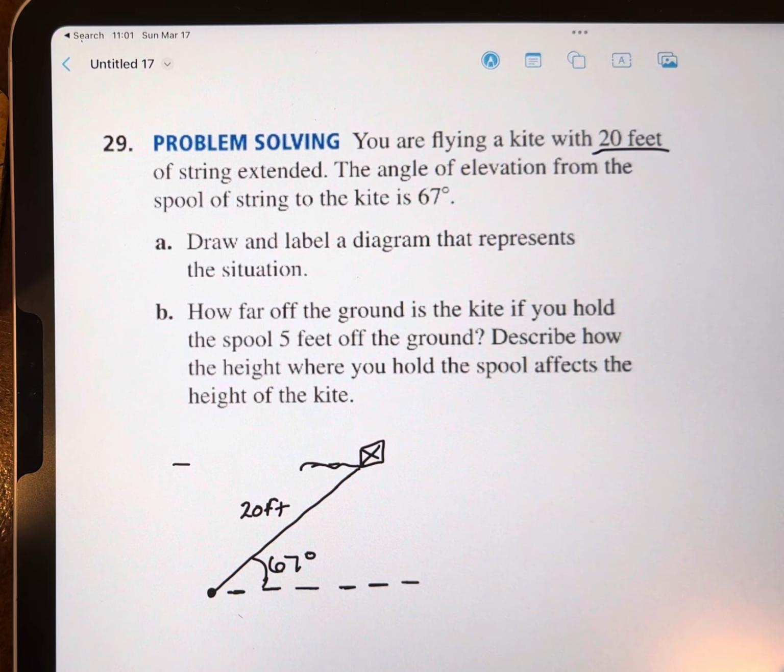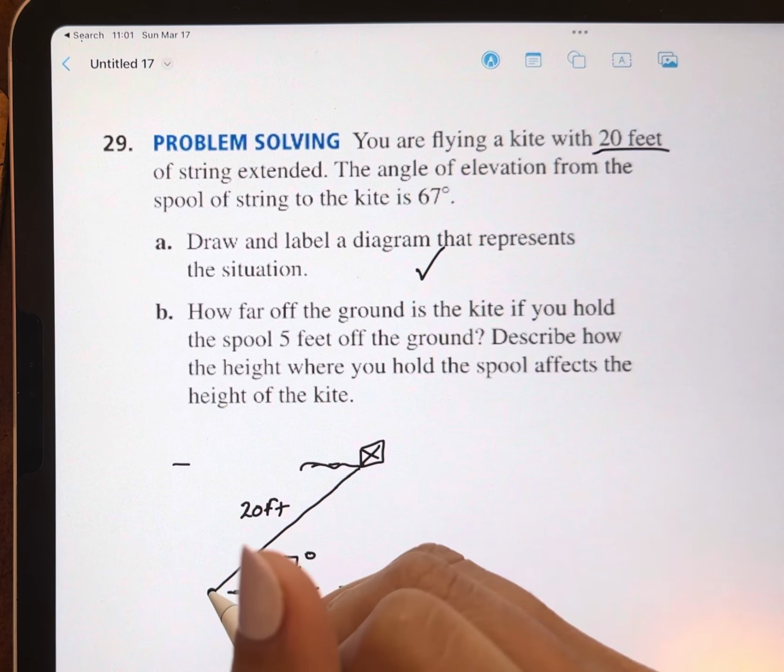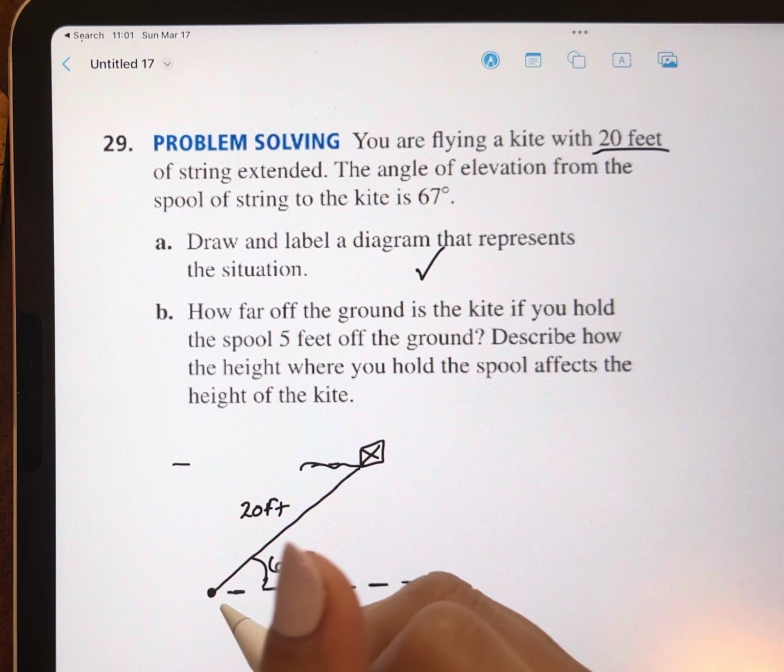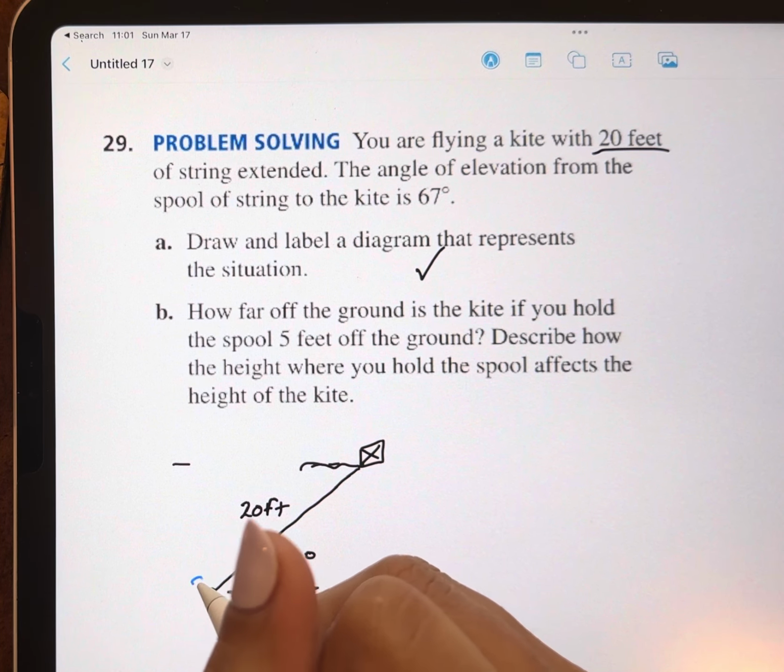And then draw and label the diagram. Check. How far off the ground is the kite if you hold the spool 5 feet off the ground? Okay, here's what they're saying. They're saying that you're standing here holding this guy, so like you're like this.